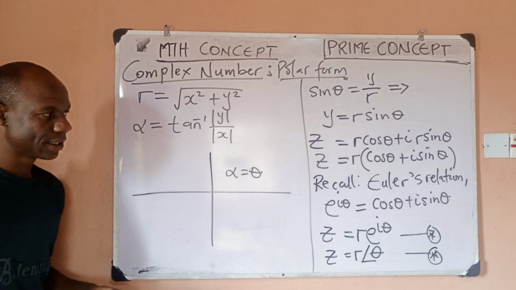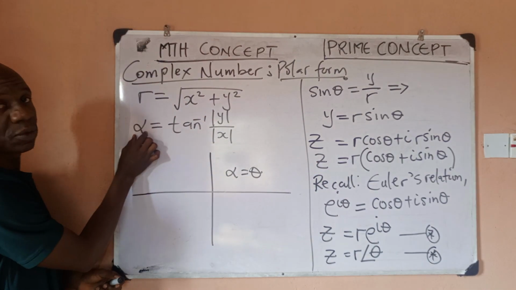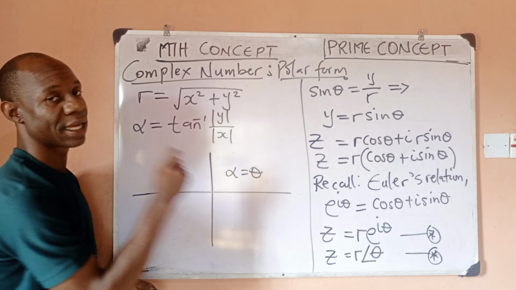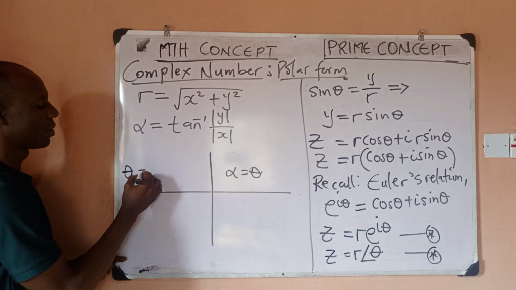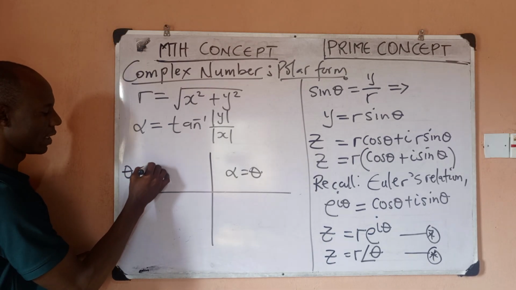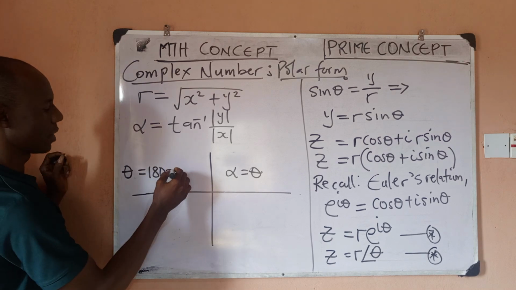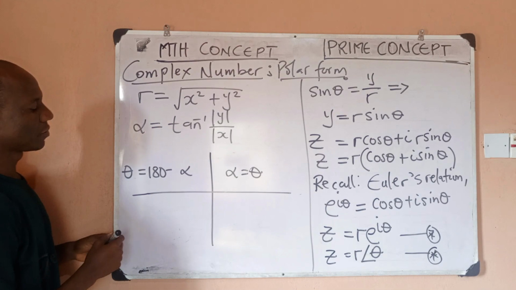What we need to be able to put in polar form is theta, but the formula we have is the formula for alpha. So we have seen that in first quadrant, alpha and theta are the same. But in the second quadrant, theta is simply going to be 180 minus alpha, whatever we get for alpha.